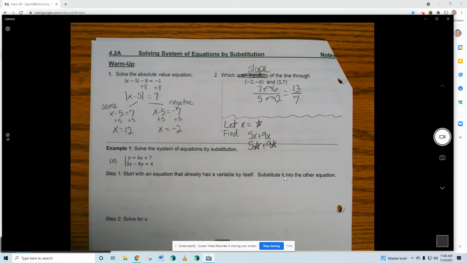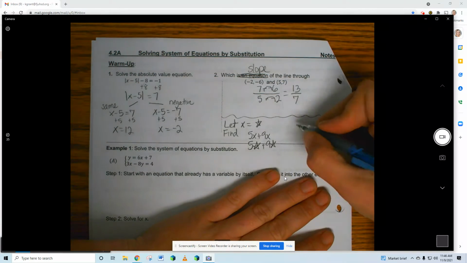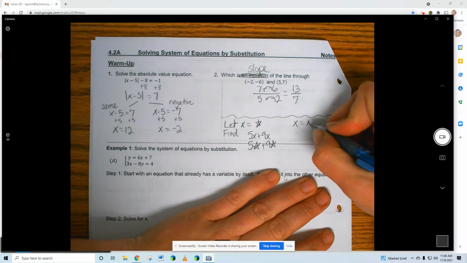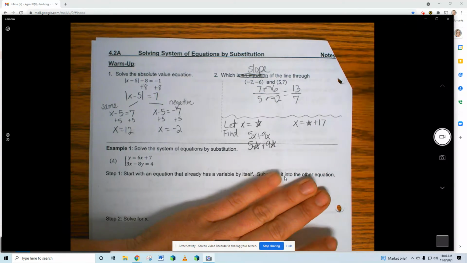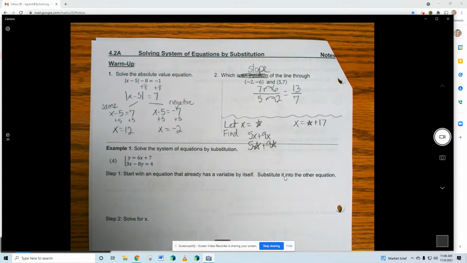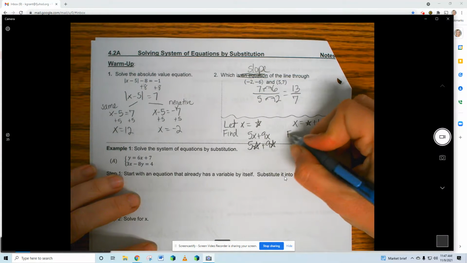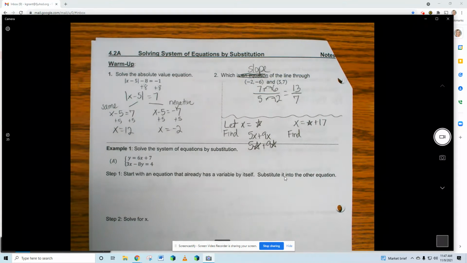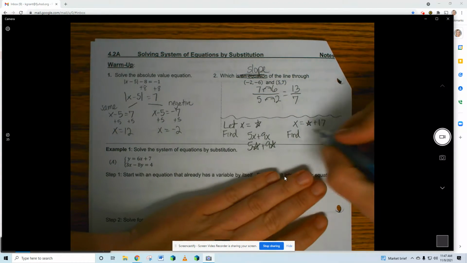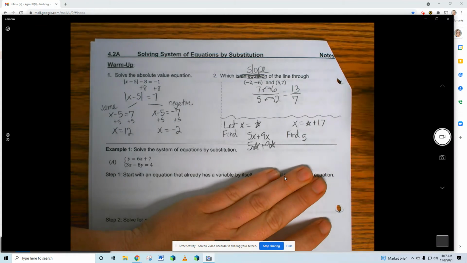Now I'm going to say x is going to be star plus 17. And then we'll do the same thing, find 5x plus 9x. So 5x plus 9x is going to be 5, and what do I put instead of the x?